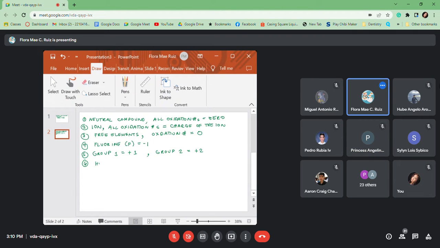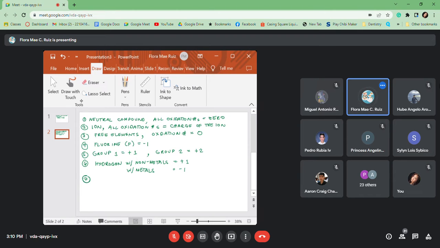Hydrogen, if you pair it with non-metals, the oxidation number of hydrogen is +1. But if you pair it with metals or boron, the oxidation number of hydrogen should be -1.